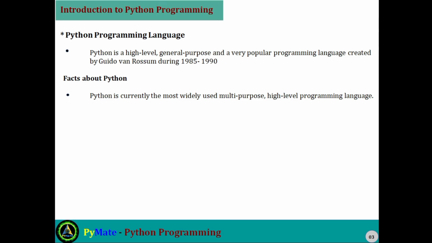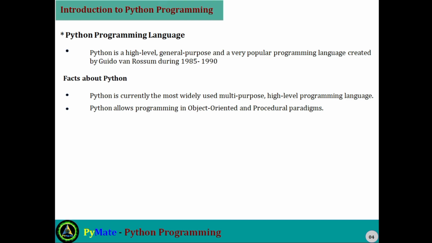Do you want data analytics? Yes, data manipulation libraries are there. Do you want automation? Yes, automation tools are there in Python. Do you want web development? Yes, web development tools are available, like the Django framework. Most of the things are covered in Python. That is why it became a very popular and multipurpose programming language.